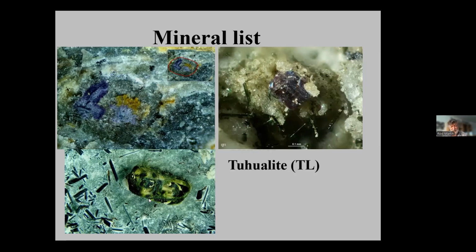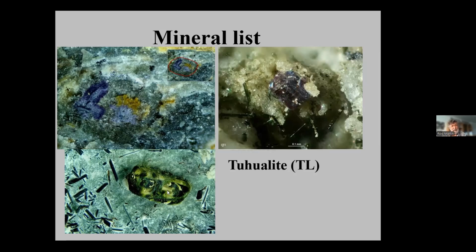This one down here was a mystery for a long time, but it's actually a tuhualite as well. It's got a yellow alteration on it. Part of the problem with identifying it by form was that it never actually completed crystallization. So there's a couple of hollows in there.